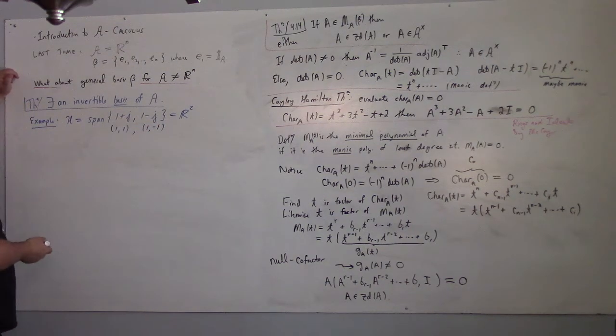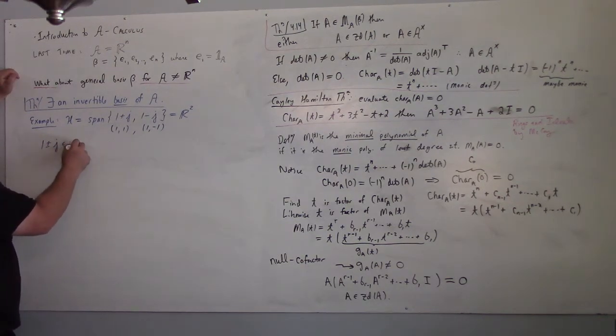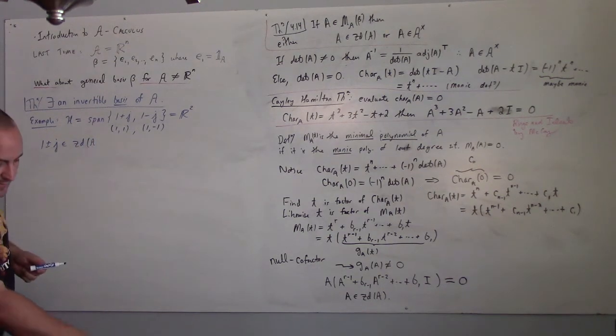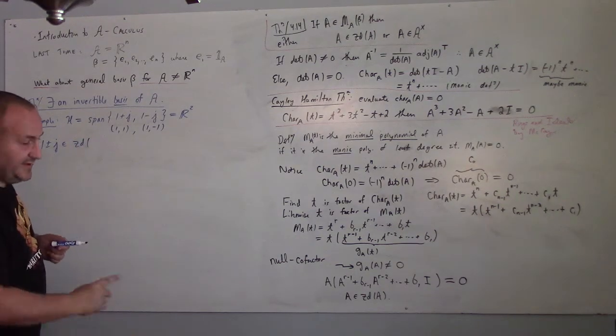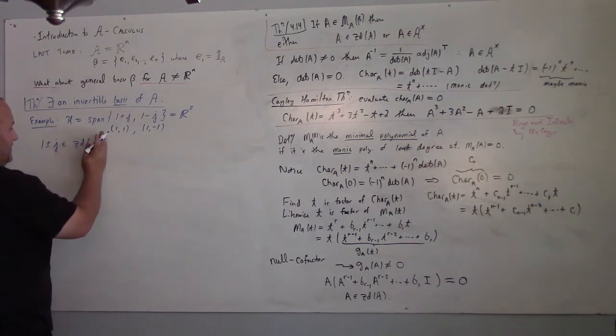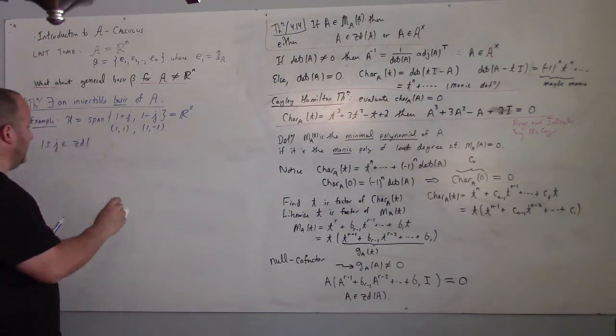Those are a basis for R2. They're linearly independent, but this is very much not an invertible basis, because both 1 plus j and 1 minus j are elements of the zero divisors of the hyperbolic numbers. So this is an example of a basis which is not invertible, but my theorem says that there exists an invertible basis.